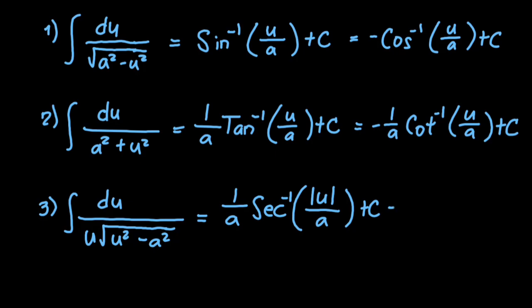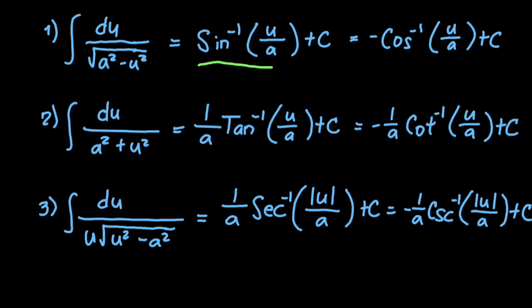Or this is also equal to negative 1 over a arc cosecant multiplied by the absolute value of u over a plus c. So with regard to this, you can use this one or this one.